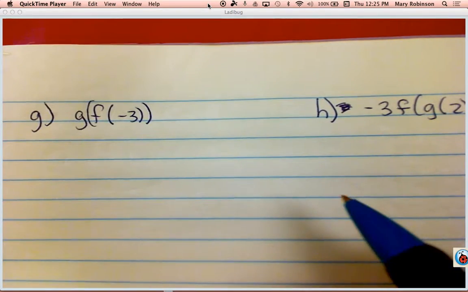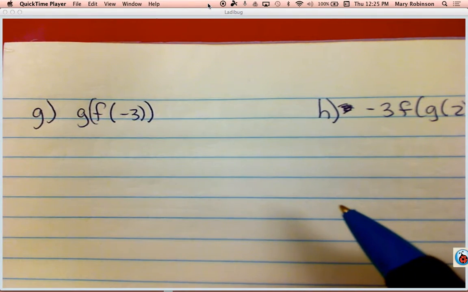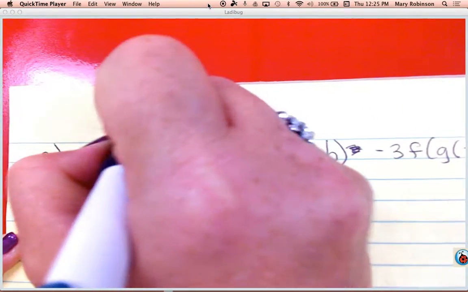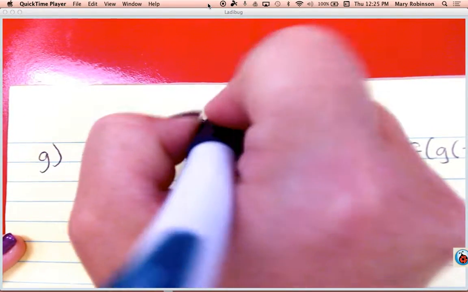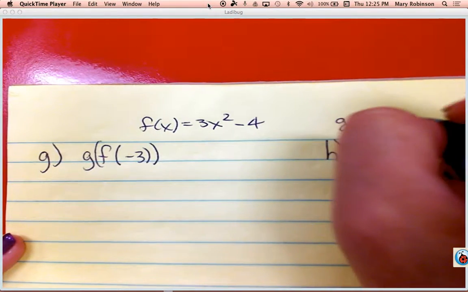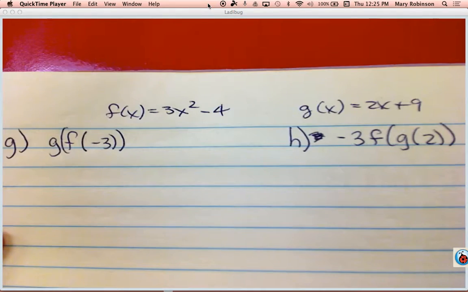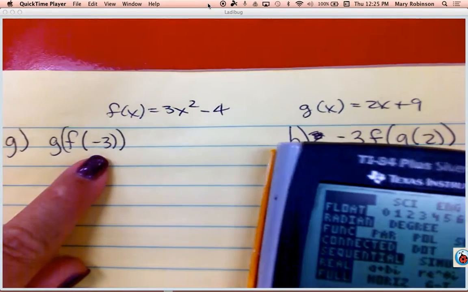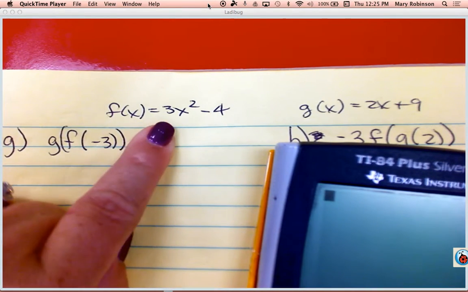Next we have for G and H where we have to evaluate some functions. So think about what I told you. I'll go up here and just remind you that f of x is 3x squared minus 4 and g of x is 2x plus 9. So think about what I taught you in class. You're going to take your -3 and let that be your input in this function.